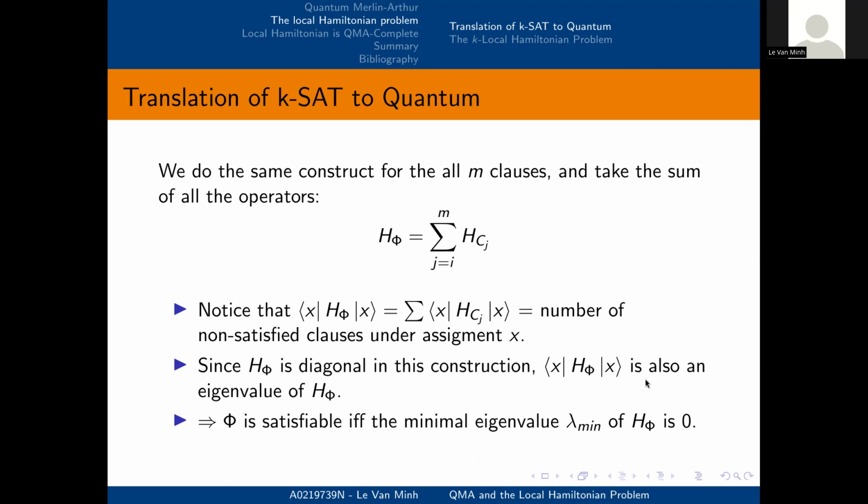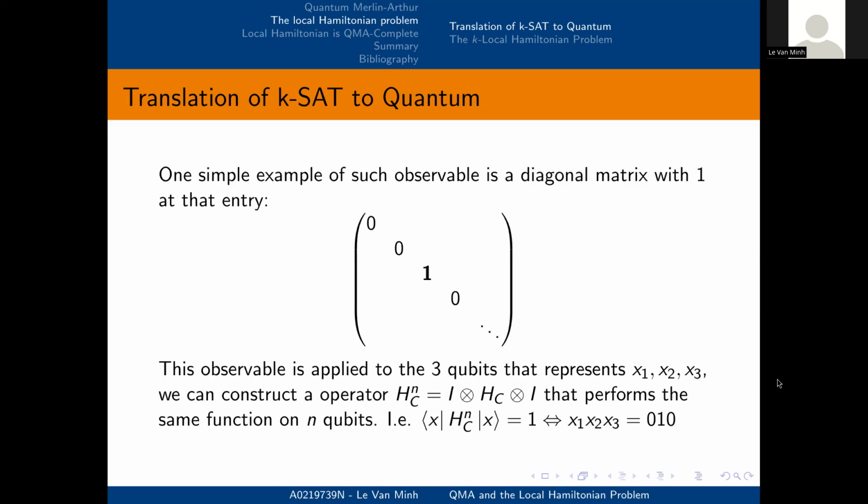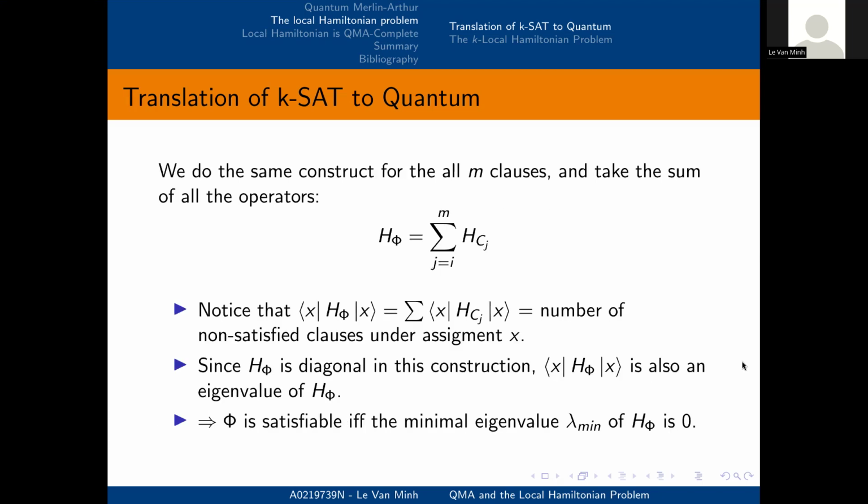And we can do the same construction for all the M clauses, and we take the sum of all the operators. Well, we might not be able to tensor identity on either side, but however, we can always produce an observable so that its expected value always depends on a constant number of qubits, in our case, 3 qubits.